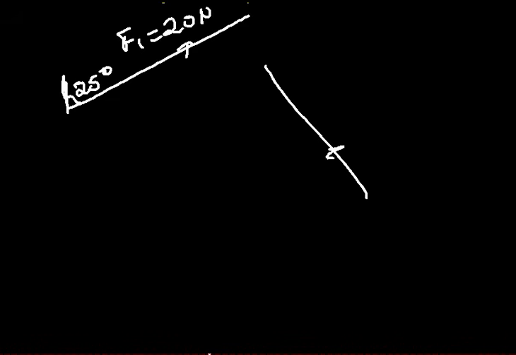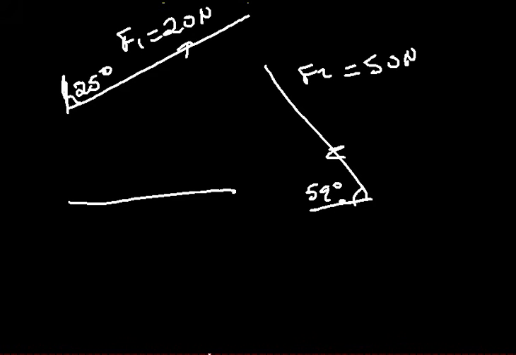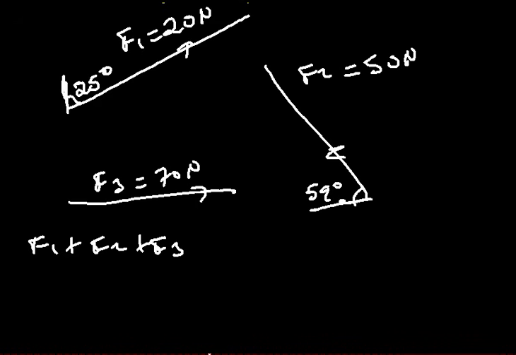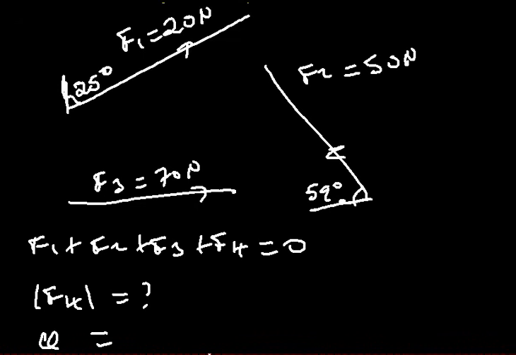And we have another vector, F2, which is 50 newtons, acting at an angle of 59 degrees with respect to the horizontal axis. And let's say we have another vector, F3, which is 70 newtons. Now, assuming that F1 plus F2 plus F3 plus F4 is equal to 0, what is the magnitude of F4 and its direction?